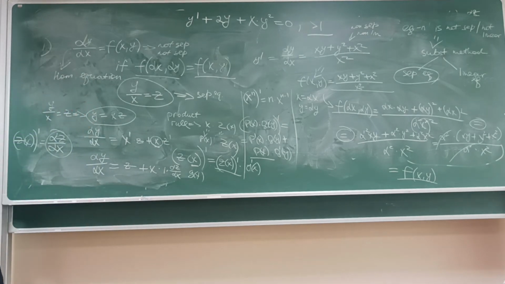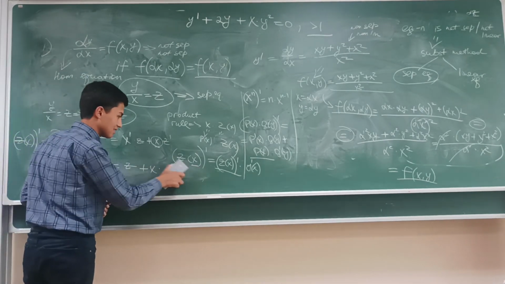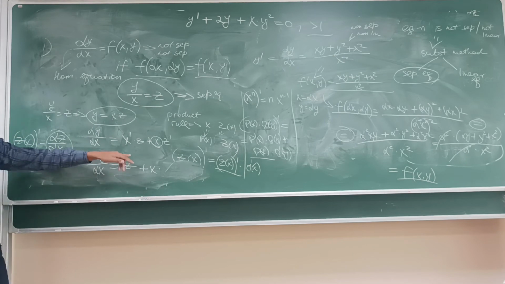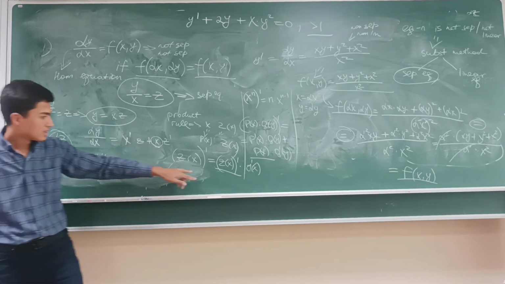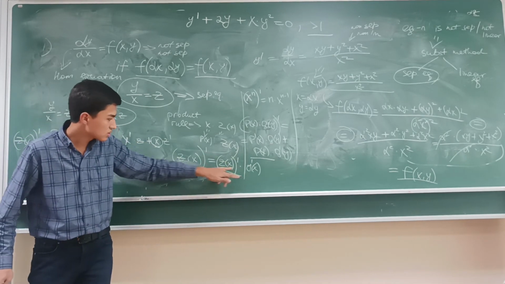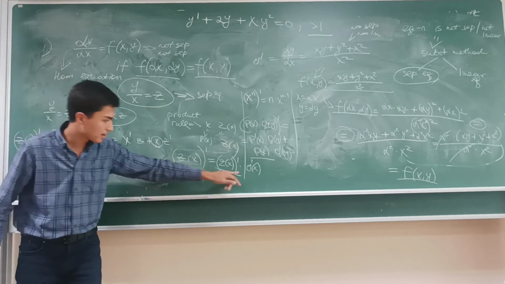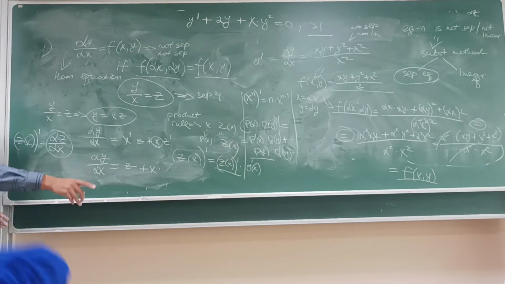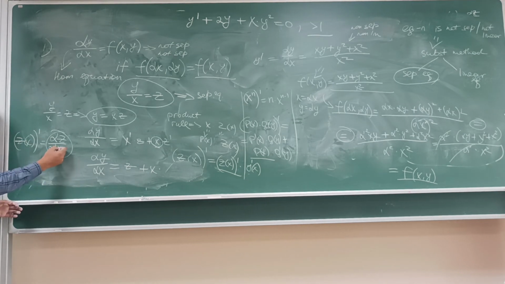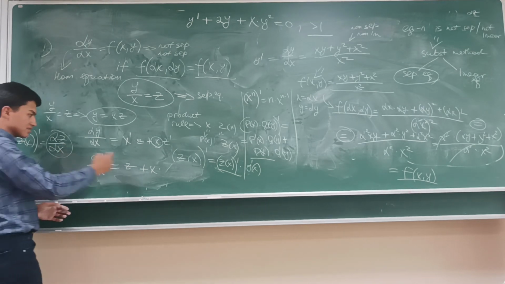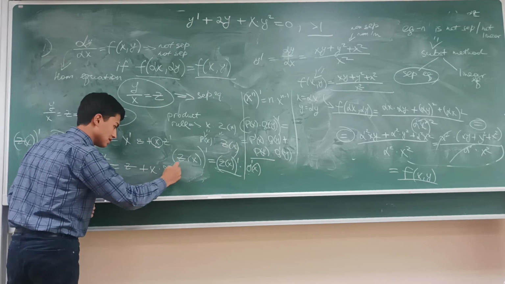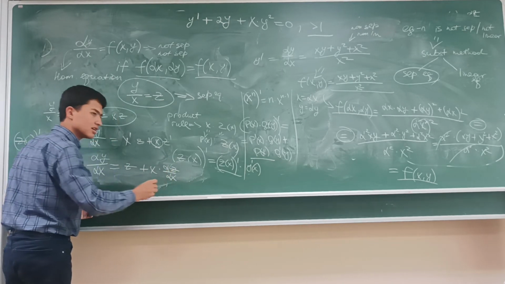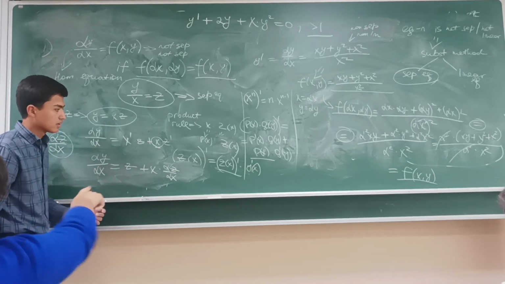I made this mistake here. By the chain rule, z prime multiplied by the derivative of the inside function, and the derivative of z is just z prime, okay? So it's going to be dz dx, just z prime.